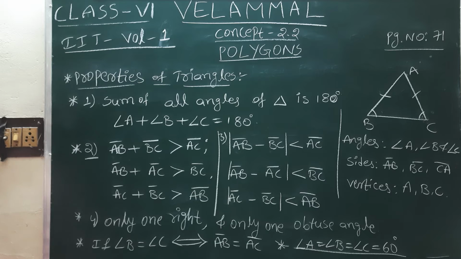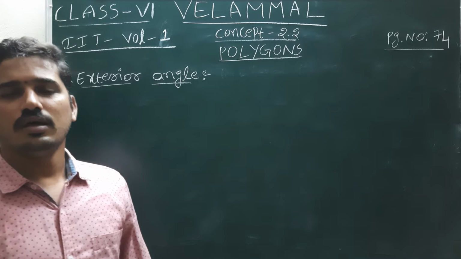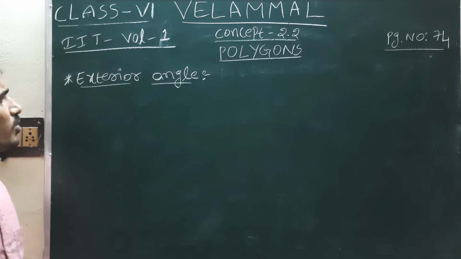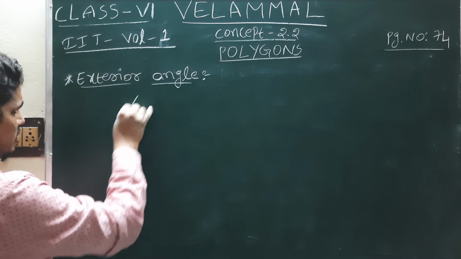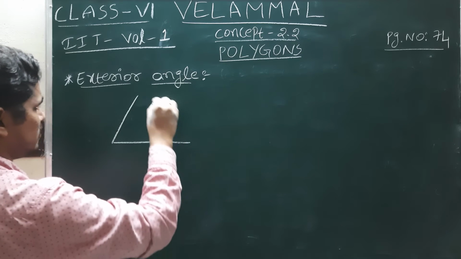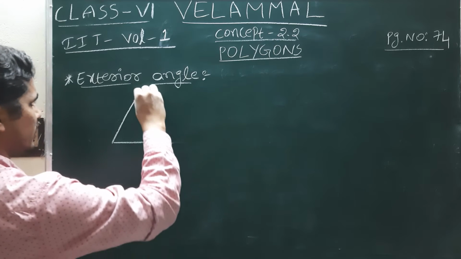Okay, these are the properties of a triangle we have. Next we have one more important property of the triangle. I am taking the triangle ABC.